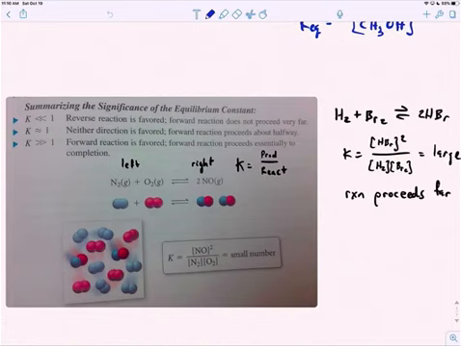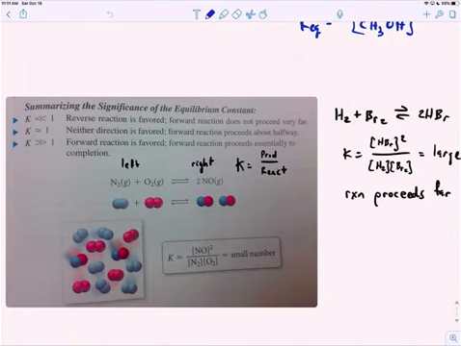If K is huge, that means the reaction favors the forward reaction, which goes pretty much all the way to completion. So what does it mean if K is big? That means the products are big and the reactants are small. Reactants are called the left and products the right, because the products are on the right side of the equation.